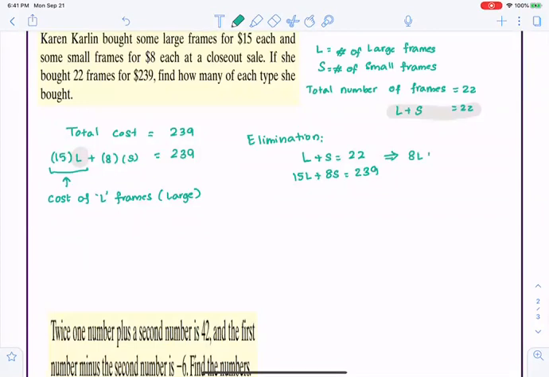So 8L plus 8S would be equal to 176. 15L plus 8S would equal 239.